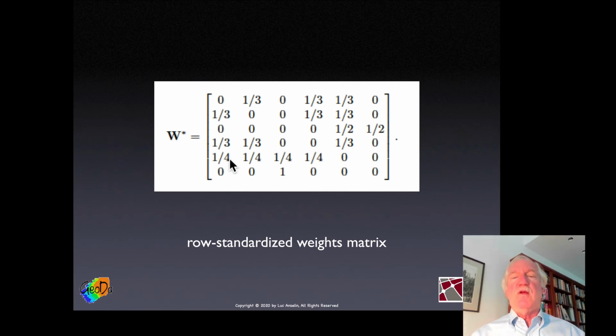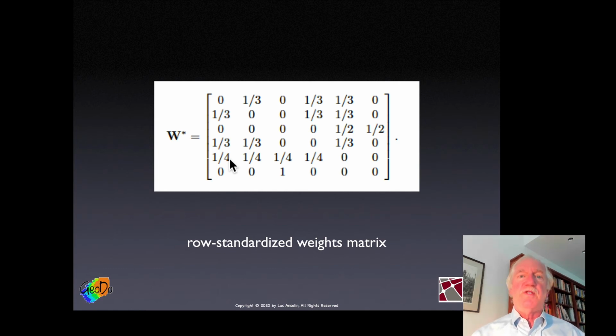And that's something we will have to keep in mind later on when we deal with the comparison of the statistics. But other than that, very simple operation. You figure out the sum of the weights for each observation, and you divide the weights by that sum, and as a result, they all scale nicely to 1.